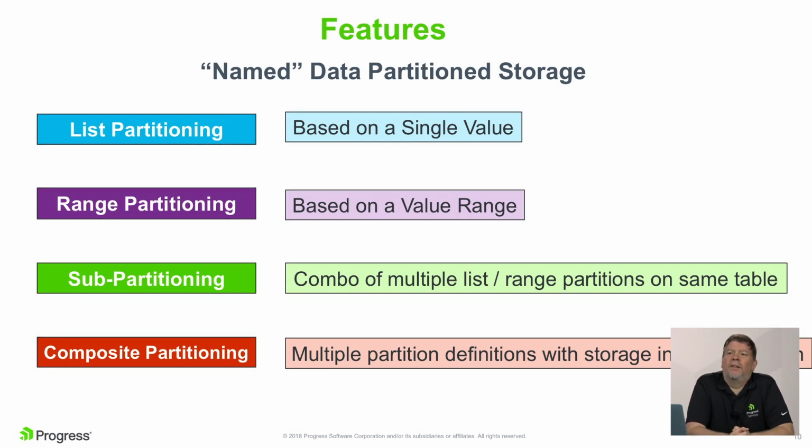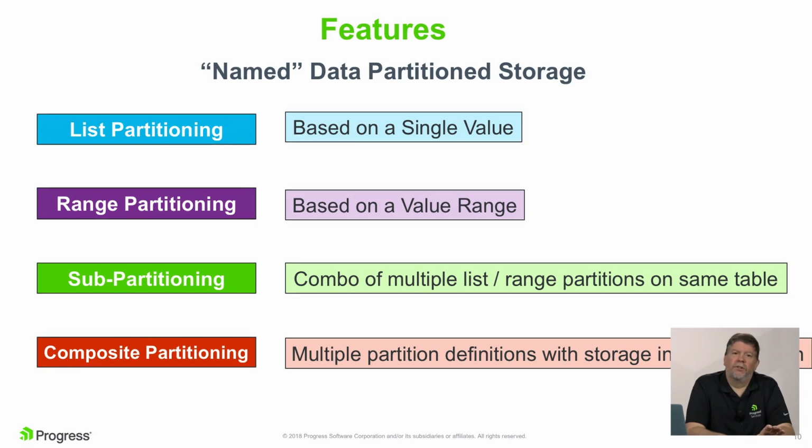Now, if we have a partition based on a single value, order date or sales rep for example, that is a list partition. If we base it on a range of values, the example of that one would have been order date, that's a range. Standard lists, standard ranges. And then we can do combinations of those, which they call sub-partitioning. And then we also can go multiple values in a single column.